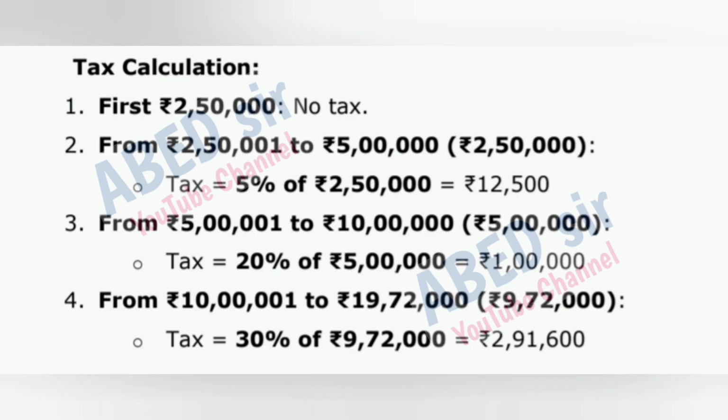Tax is equal to 20% of 5 lakhs rupees is equal to 1 lakh rupees. 4. From 10 lakhs and 1 rupee to 19 lakhs 72,000 rupees, 9 lakhs 72,000 rupees. Tax is equal to 30% of 9 lakhs 72,000 rupees is equal to 2 lakhs 91,600 rupees.